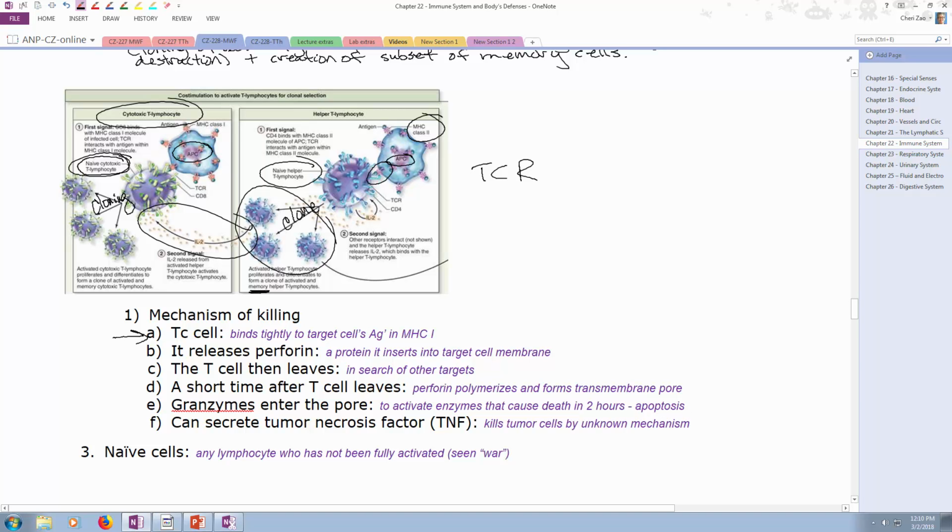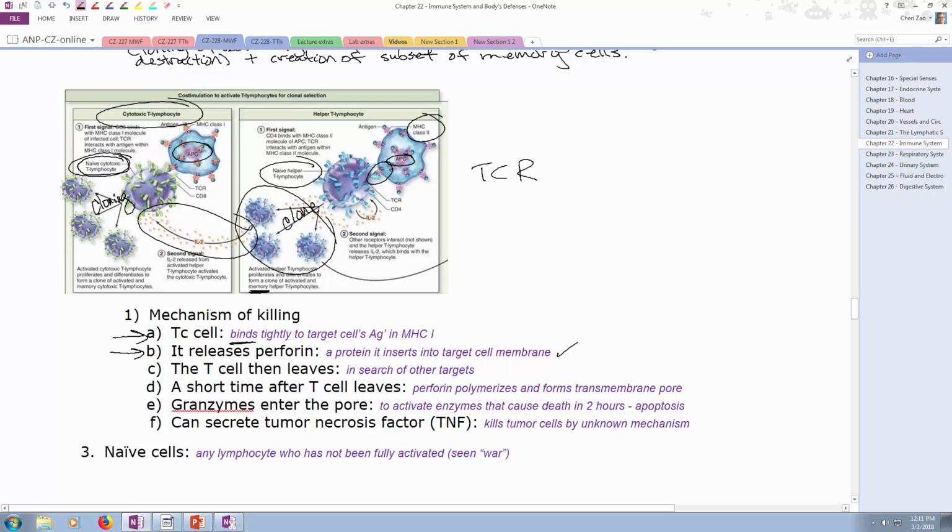We have our own antigens that are self-antigens, and to reiterate, this is a foreign antigen. I put that little apostrophe by it. The binding, so it's hand-to-hand combat to me. It's now releasing the perforin granzyme complex. So perforin, remember, is an enzyme that's going to polymerize and create a big hole in that cell.